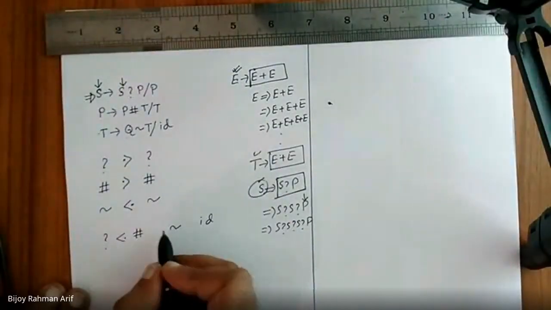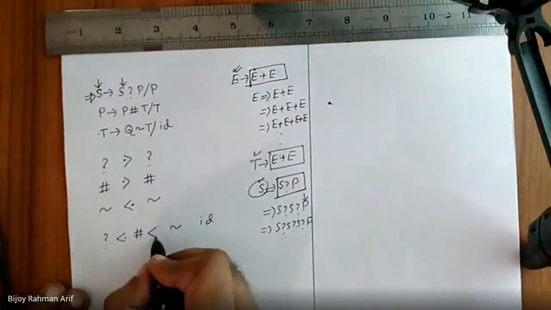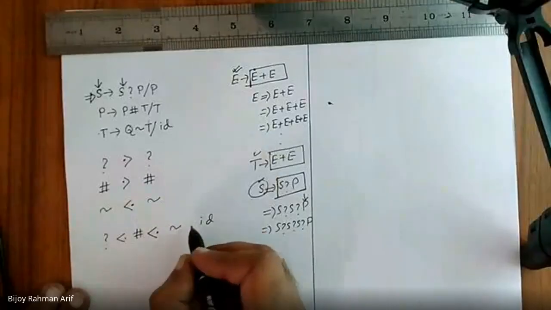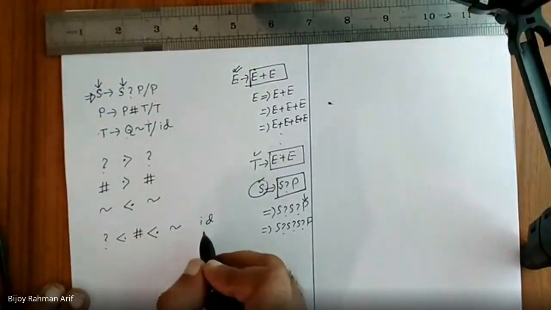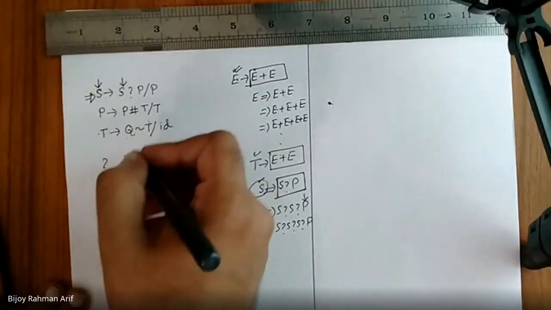Then hash and wiggle, wiggle is more at the bottom. And wiggle and ID, which one has higher precedence? ID. Tell me, which one has higher precedence? ID, sir. Is ID on the lower side?